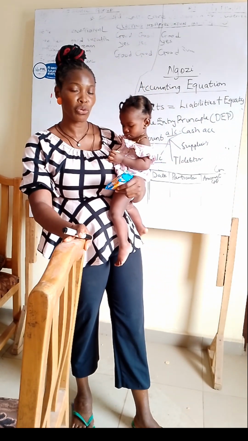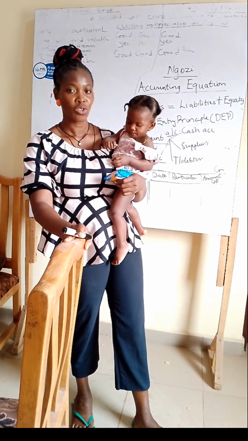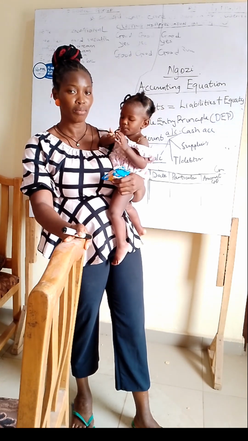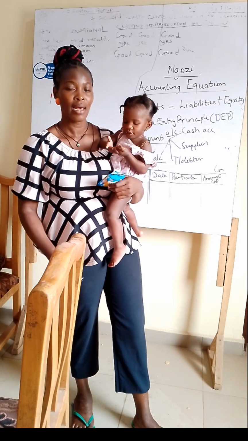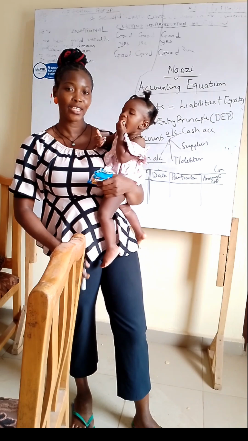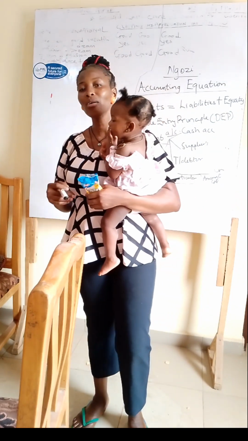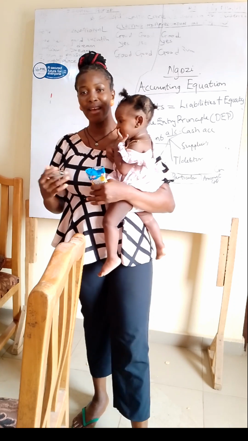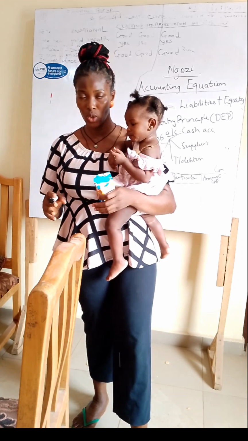I would like to give you a sum of 100,000 naira to start your own business. So Mr. Obi is so excited that his father has decided to give him this money to start this business. Now in accounting, he's able to understand every transaction and know the account supposed to be.